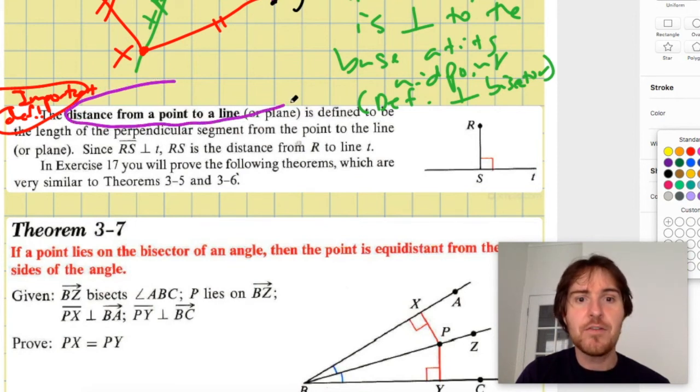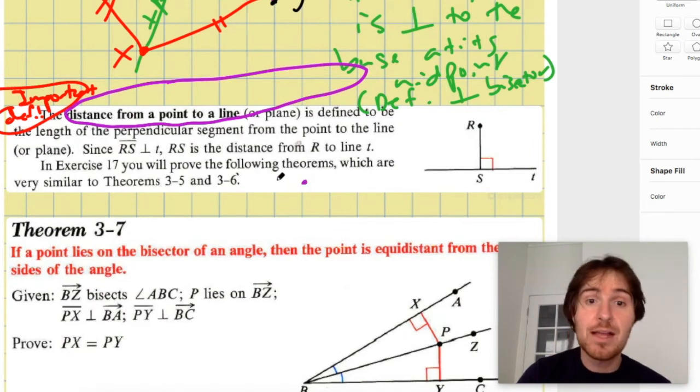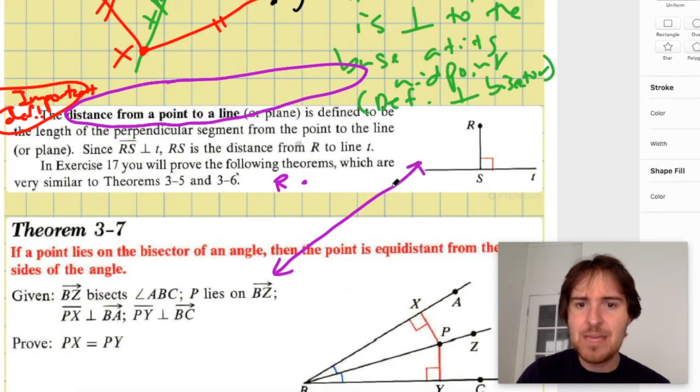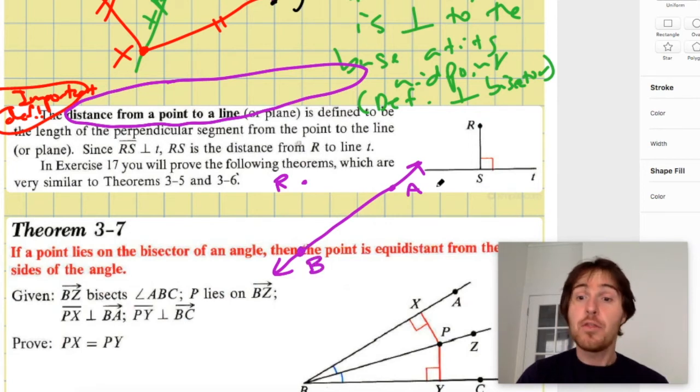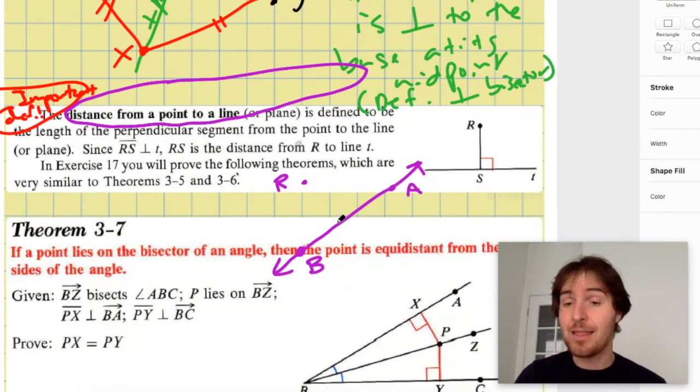Ignoring this diagram, let me just draw this out, because between any point, let this be point R, and any line, I'll draw in line AB, with A and B here, there is one and only one distance between this point and that line.